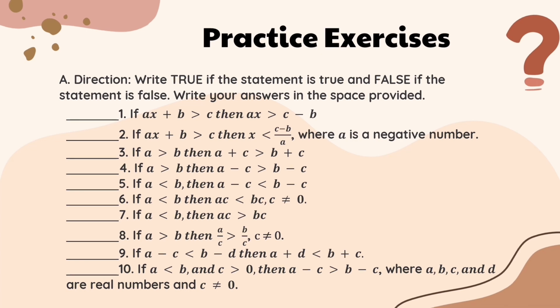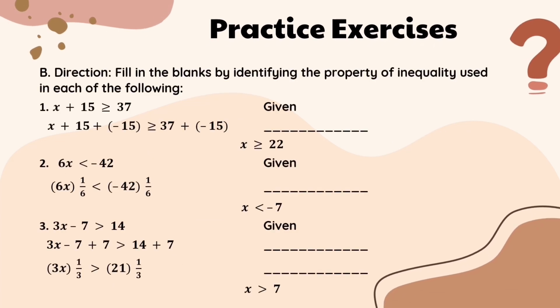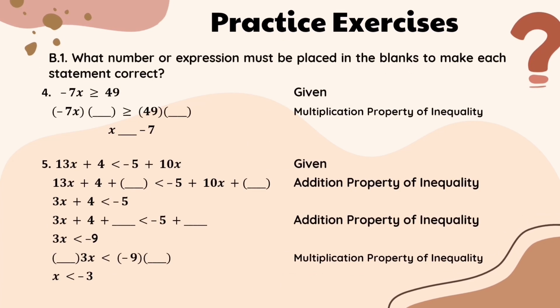And for part B, fill in the blanks by identifying the property of inequality used in each of the following. So part B, part 1, what number or expression must be placed in the blanks to make each statement correct?